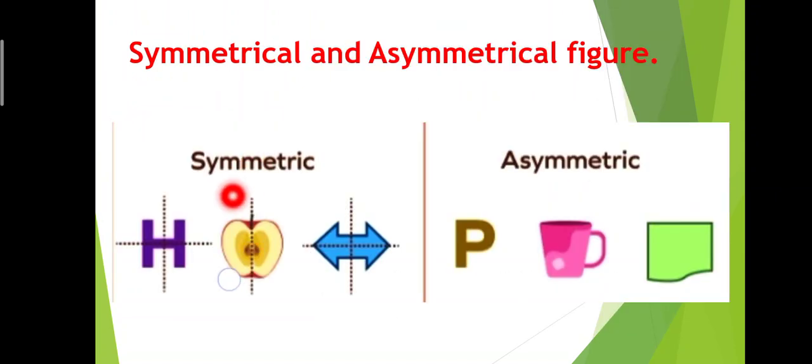These are symmetric, having lines of symmetry, 2 lines of symmetry. These are asymmetric figures having no line of symmetry.